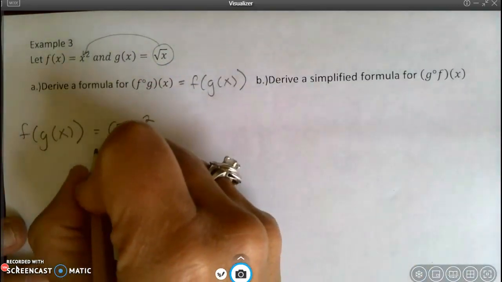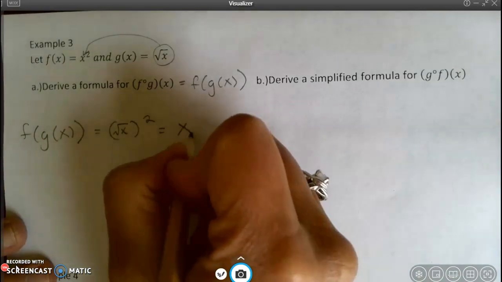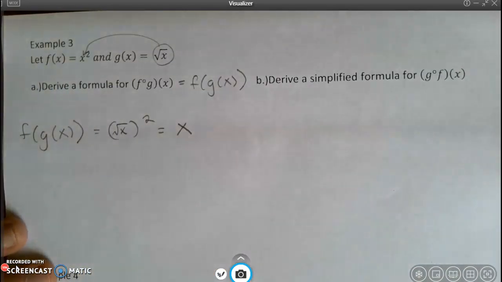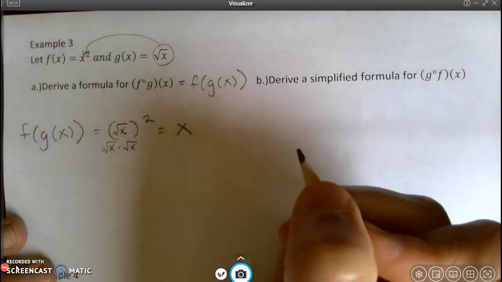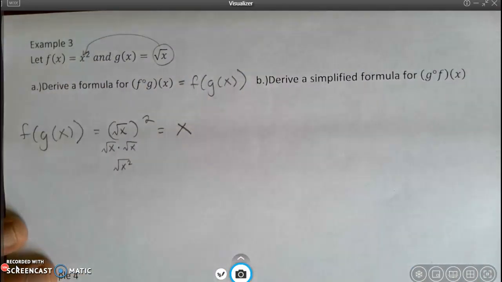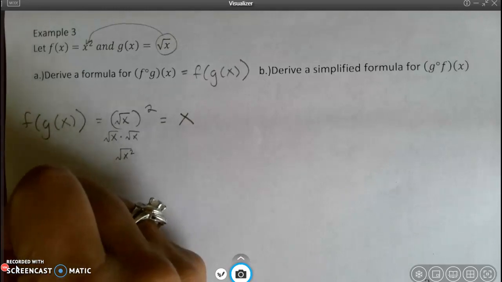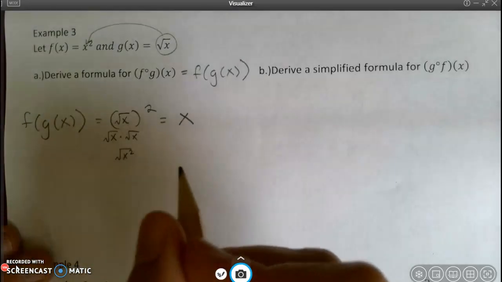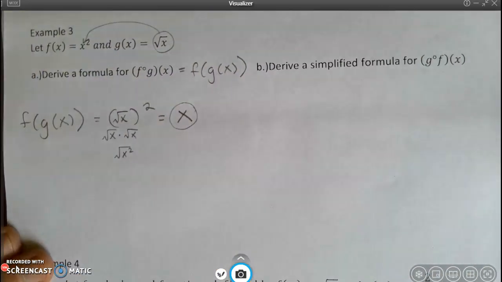Well, when I square a square root, I simply get x. Because remember, this is the square root of x times the square root of x, which would be the square root of x squared, which is simply x. I just think of the fact that when you square a square root sign, it gets rid of the square root sign.